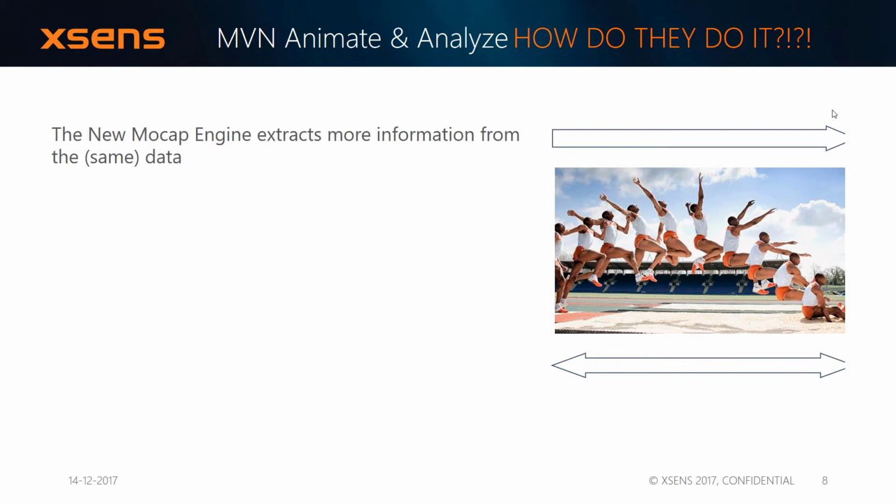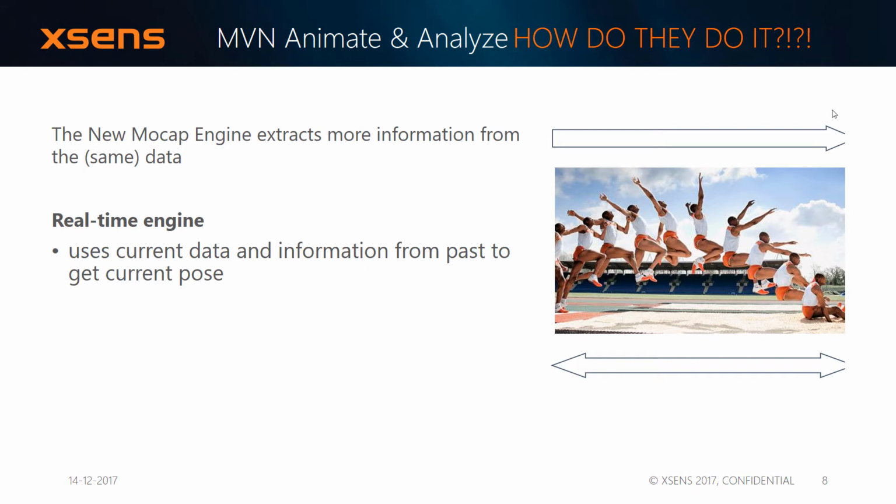First of all, the new mocap engine extracts more information from the same data. The data coming from the trackers is the same as what we had previously, but we do a lot more with that data. The real-time engine uses data and information from the past to get the current pose, so it's forward processing.